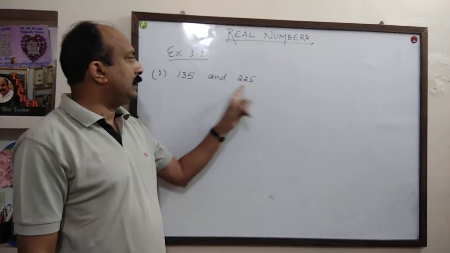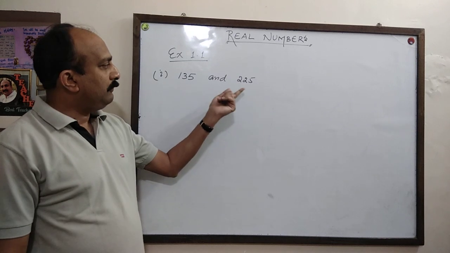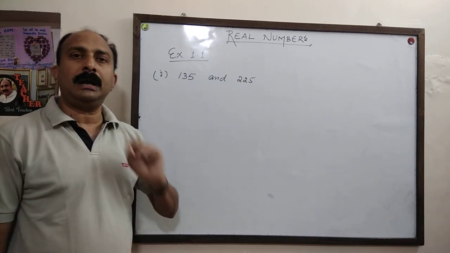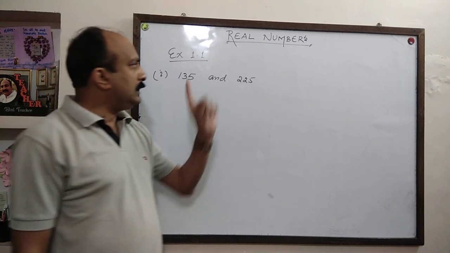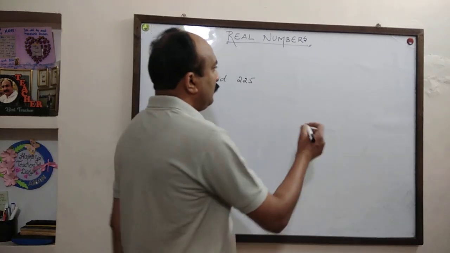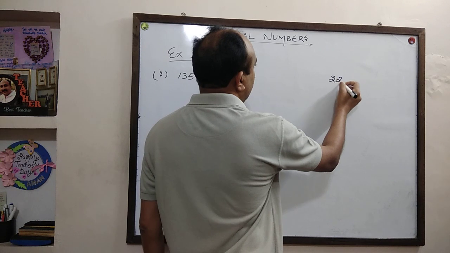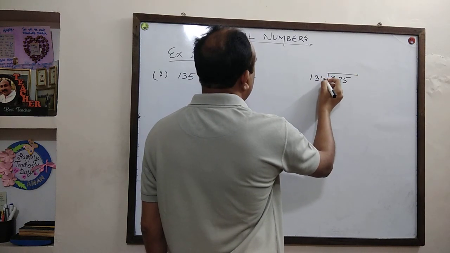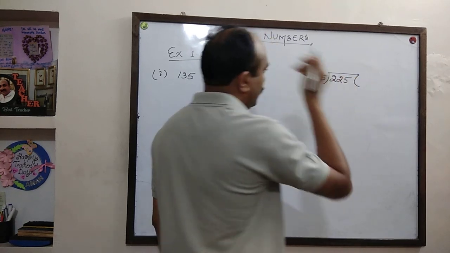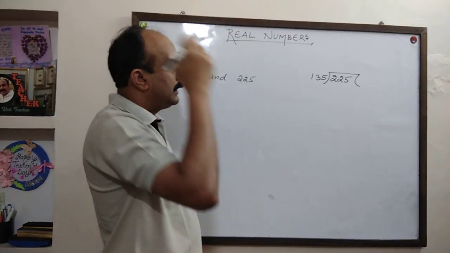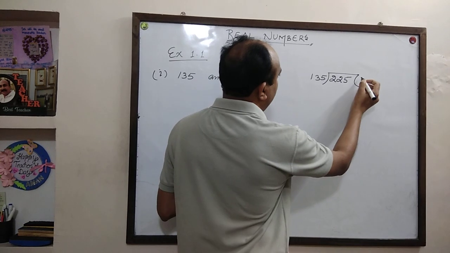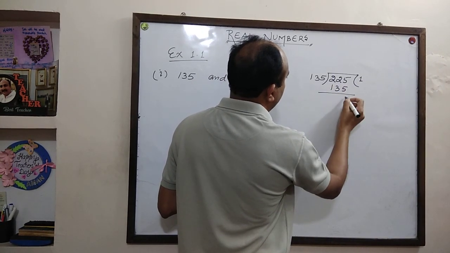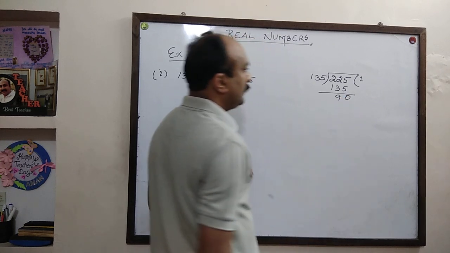So these are the two numbers A and B. We will always take the greater number as A and the smaller number as B. Using Euclid's division algorithm, when we divide the greater number A by the smaller number B, let's see what is the quotient. 225 divided by 135, 1 times 135, 90.